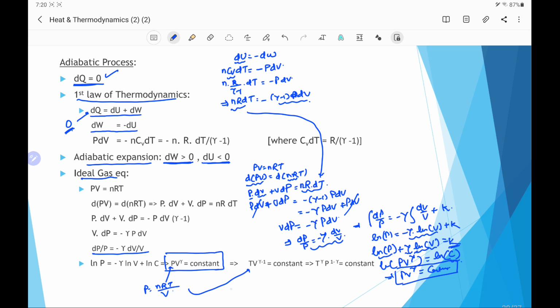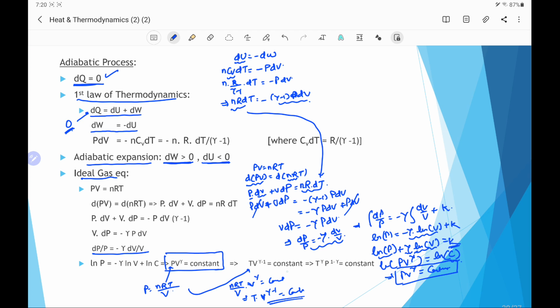This can be calculated as nRT by V into V raised to the power gamma, equal to constant, and this implies that, because n and R are constant, they are taken to the right-hand side and it becomes constant also, so it is T V raised to the power gamma minus 1 equal to constant.